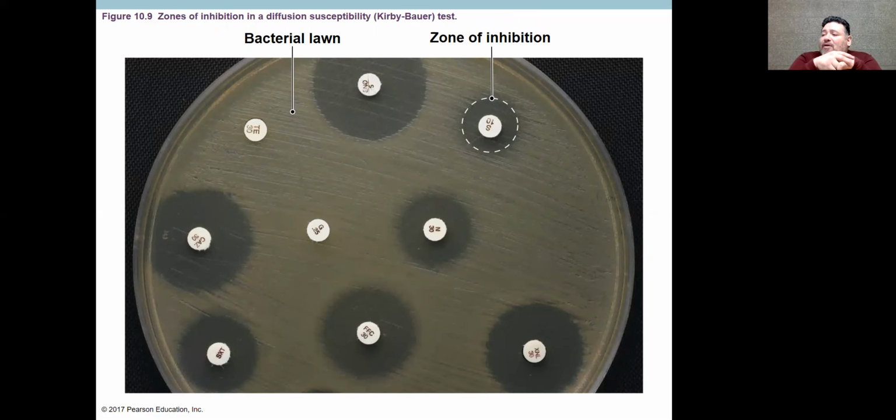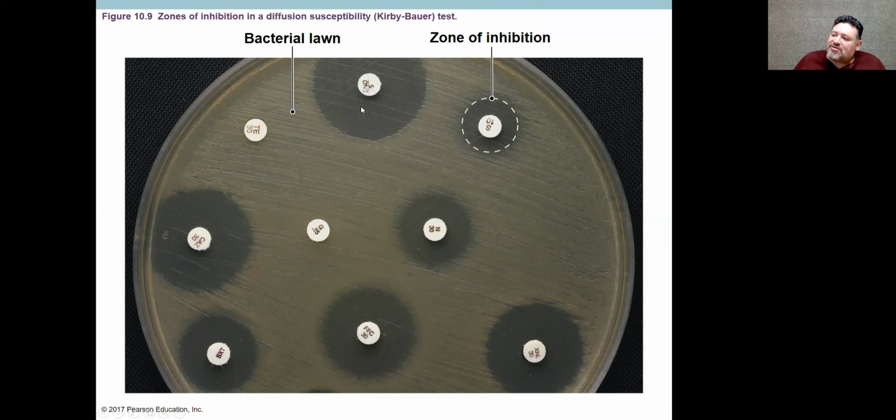Here's a Kirby-Bauer test. I believe it's one of the things that we're going to be doing. And this is how we test antibiotic susceptibility. What you do is you take a Petri dish, you make a carpet of the microorganism. What microorganism? The one that we got from the throat culture, the one that we got from the urethral culture, whatever. You make a carpet of it, and then you put different antibiotics. There's tetracycline. So it tells you the antibiotic, and it tells you the concentration.